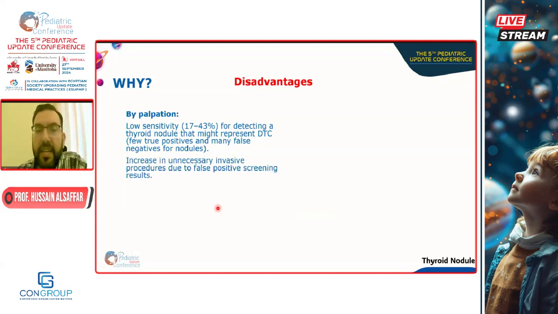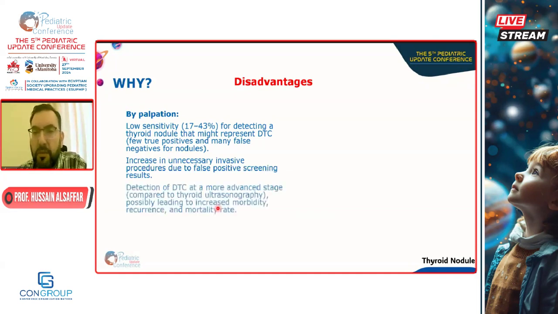It increases unnecessary invasive procedures due to false positive screening results. And it detects differentiated thyroid cancer at a more advanced stage compared to thyroid ultrasonography, because with palpation, you might not palpate very small nodules compared to the ultrasound. Therefore, that could lead to increased morbidity, recurrence, or mortality rate.